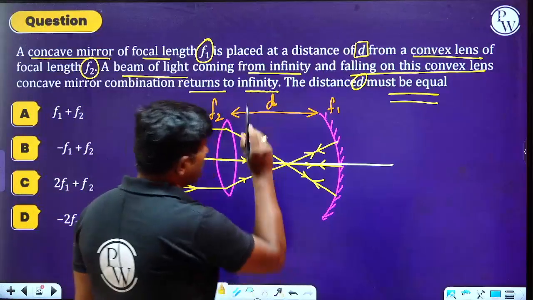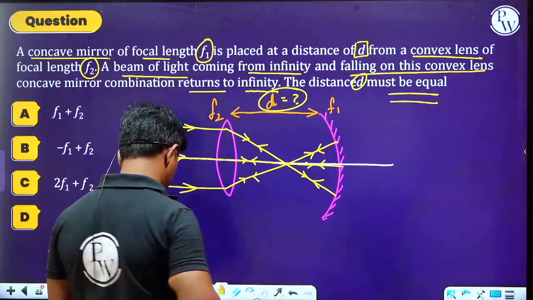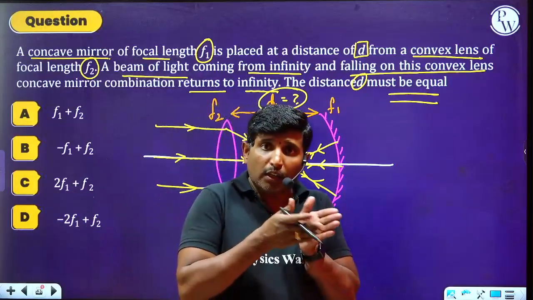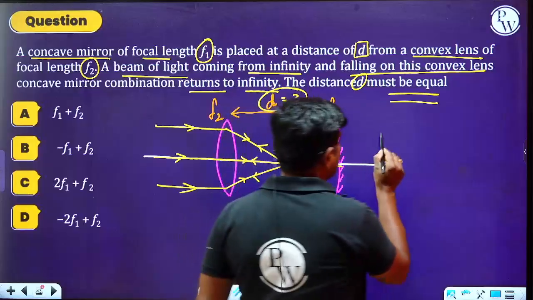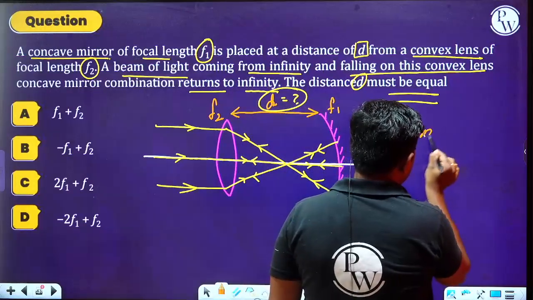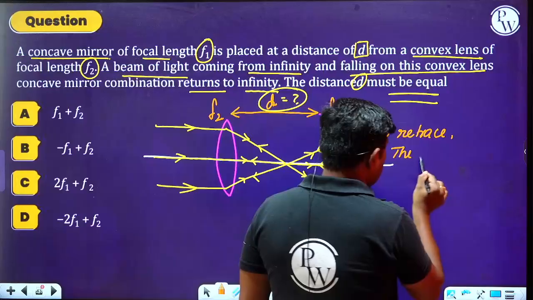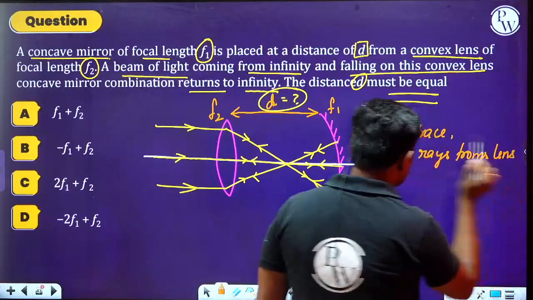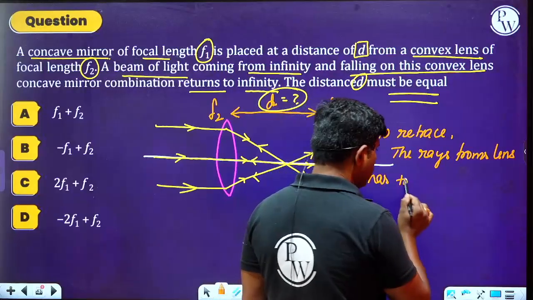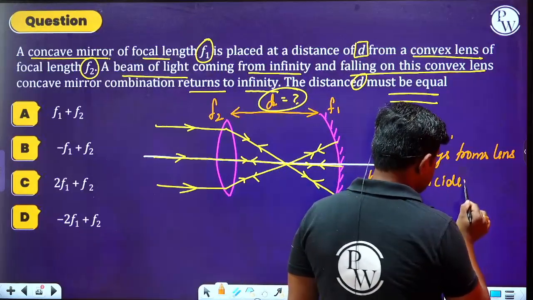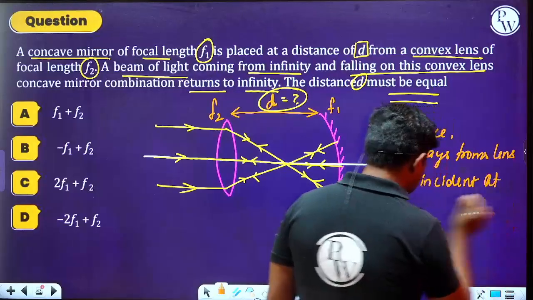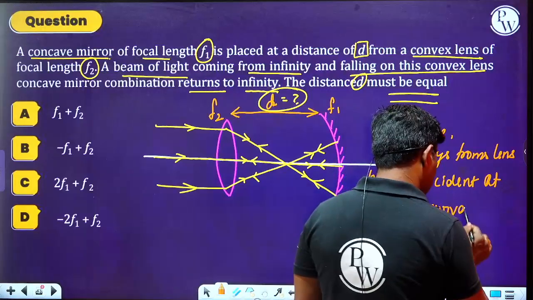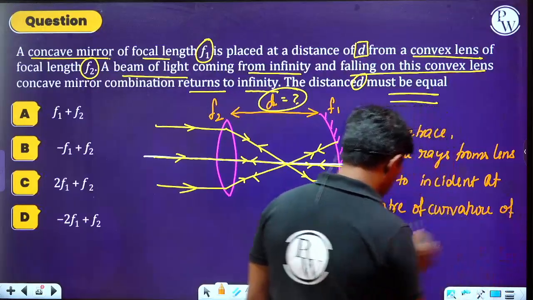So the distance D is equal to... One thing should be very clear. In order to retrace, observe this, the rays from the lens have to be incident at the center of curvature of the concave mirror.